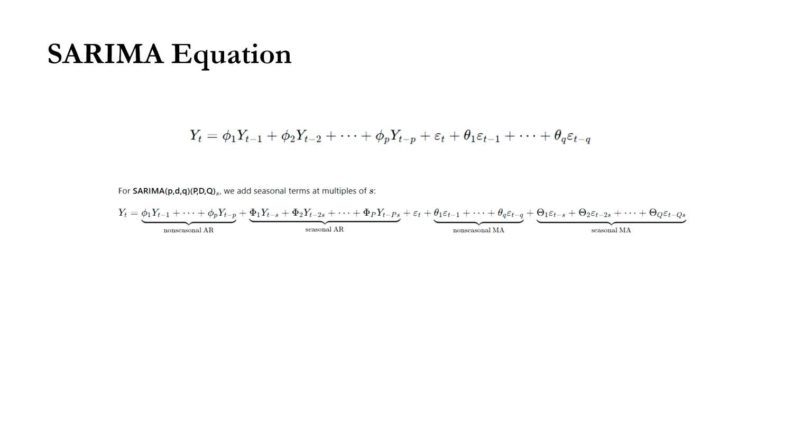So we've got those two components added. And you see the t minus S and the t minus 2S, right? Which are multiples of each other. Same with the seasonal moving average component, t minus S, t minus 2S.